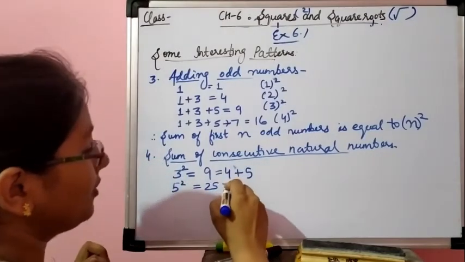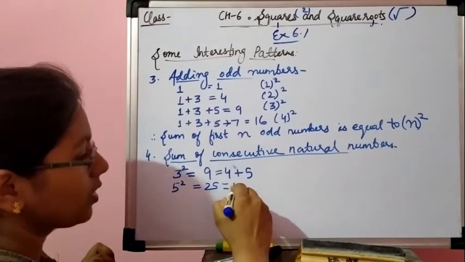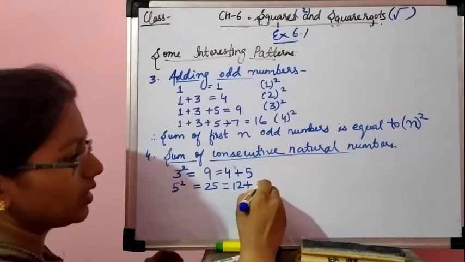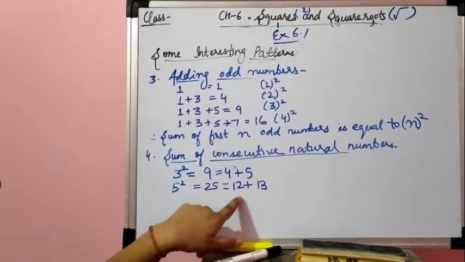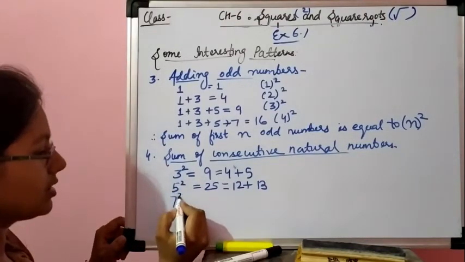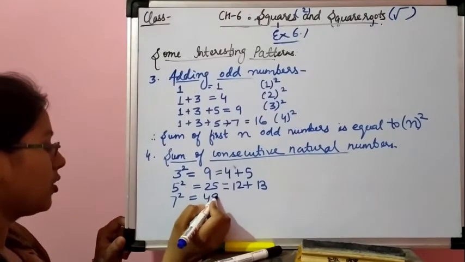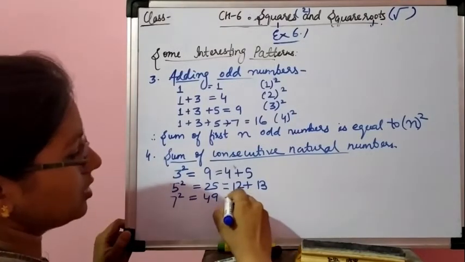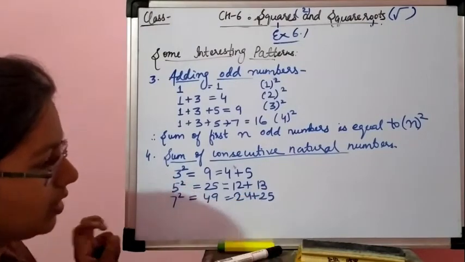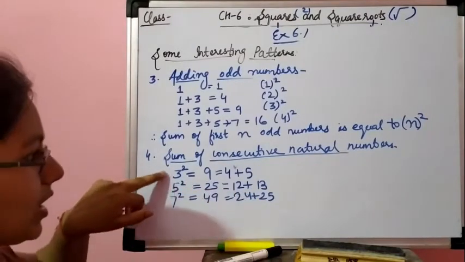So 25 can be written as 12 plus 13. They are also consecutive natural numbers. Then 7 square. 7 square is 49. So this is equal to 24 plus 25. बिल्कुल लगातार वाले होंगे. These are all squares of odd numbers.